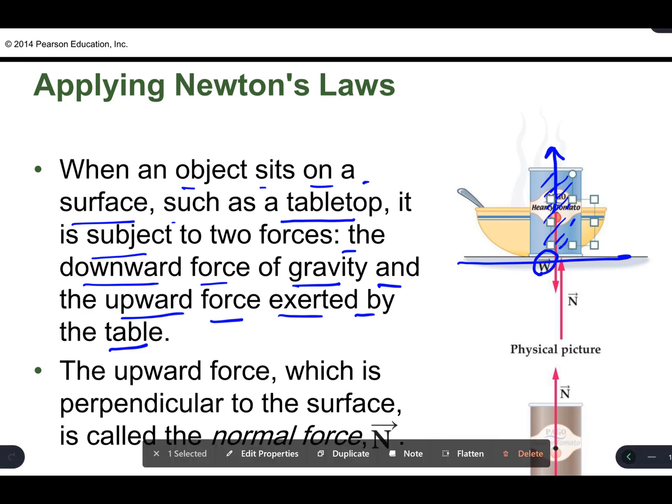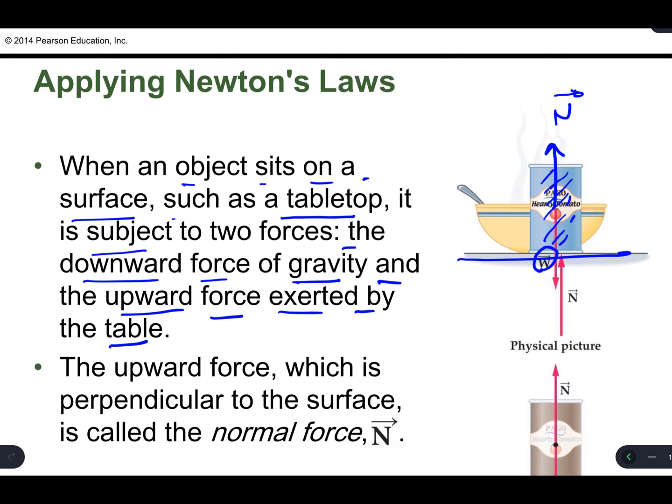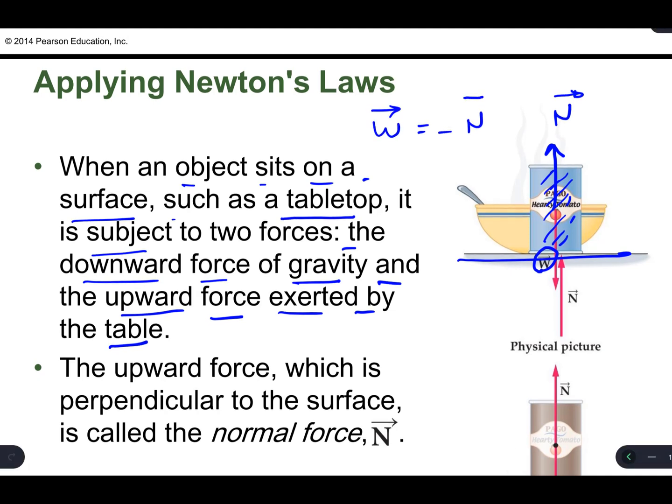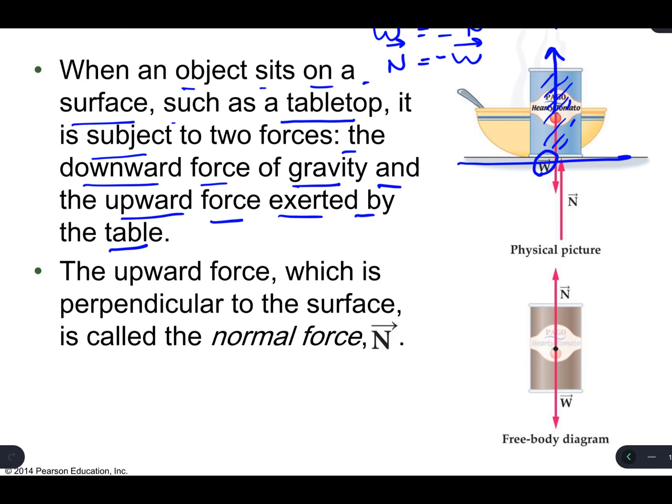The upward force, we call it N or Fn, the normal force. And it is exactly equal to the weight, but in opposite direction. Which one you give a negative sign, it's not important, because they are equal in magnitude, opposite in direction.